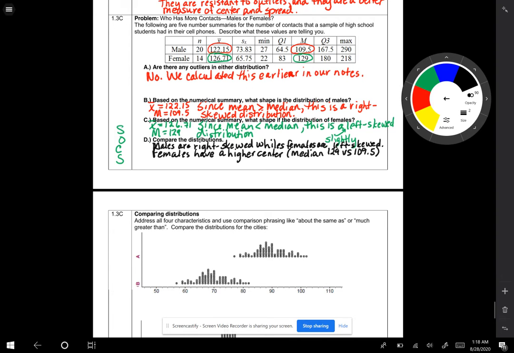Now we also want to look at these numbers, because if we're going to use the median, we want to use the IQR to measure spread. So subtract 180 minus 83. The first one is 103, and for females, it's 97. So males have a slightly larger variability.